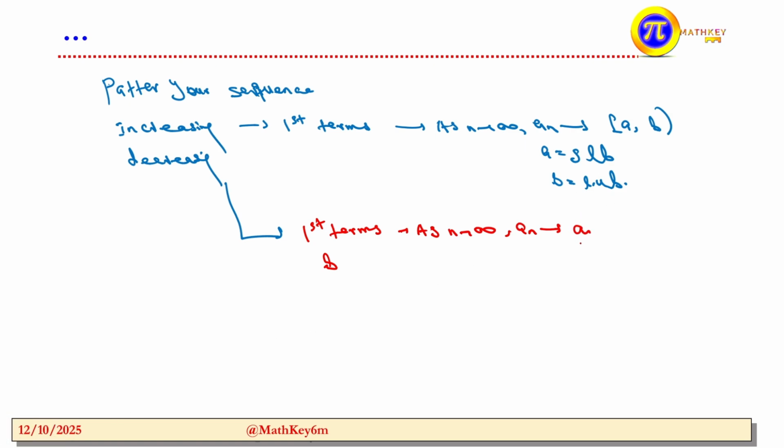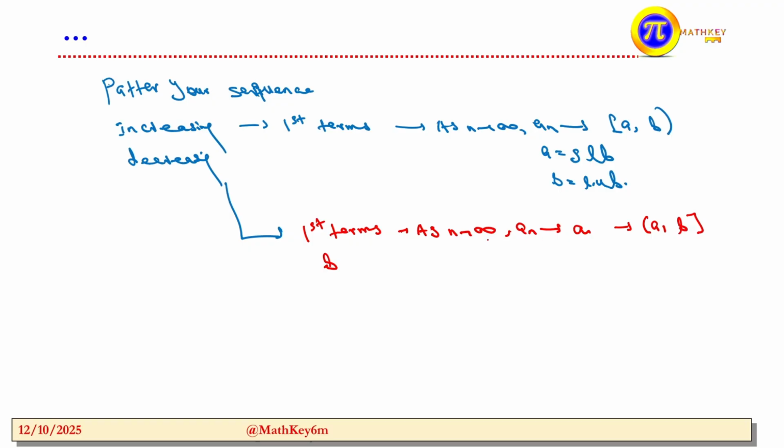Since it is decreasing, we have the interval for this one. This shows that the whole sequence lies on the interval from A to B, including B but not including A, as an goes to A when n goes to positive infinity.